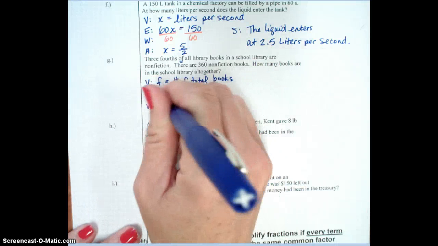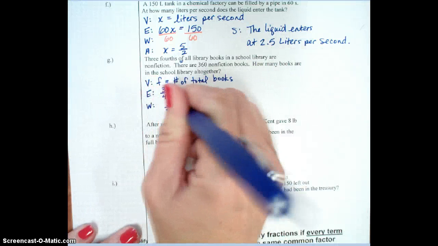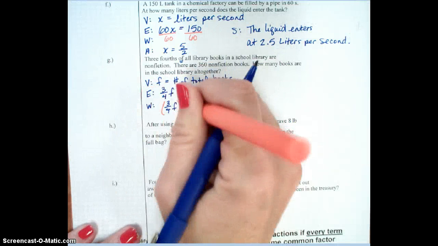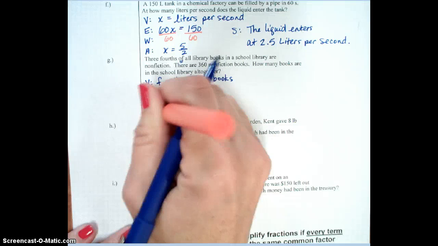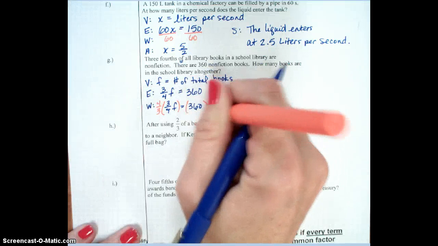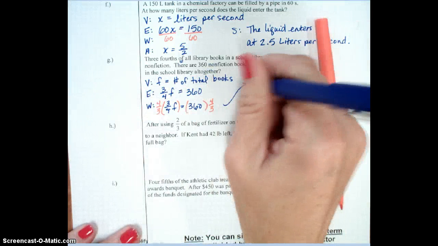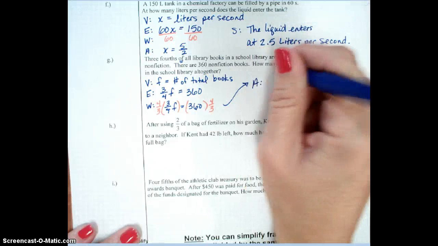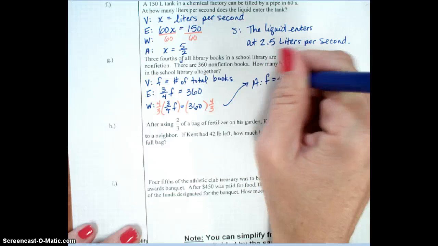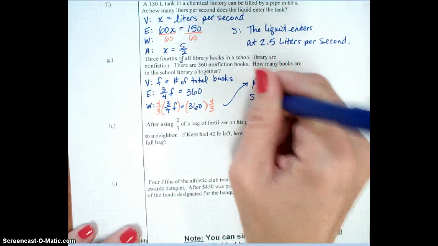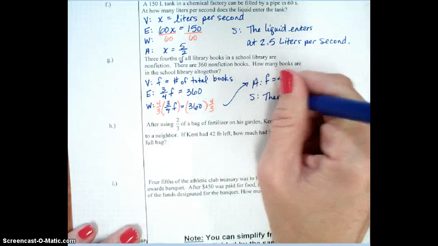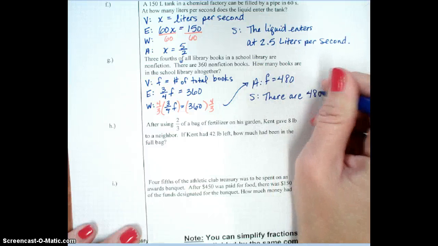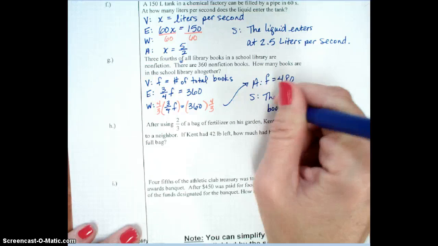So on this equation, to solve for F, I know I can multiply by the reciprocal, 4/3. And then for an answer, I get F equals 480. So my solution, there are 480 books total.